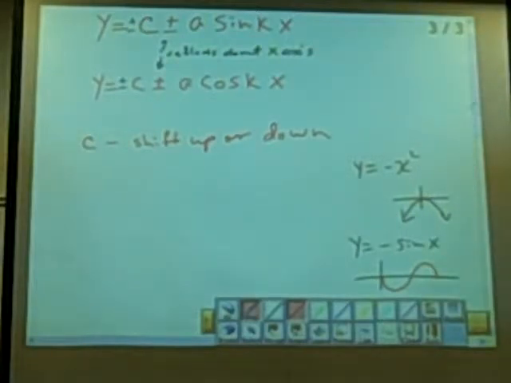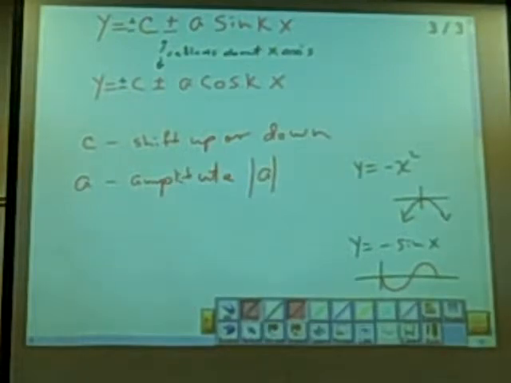Okay, now A, what does that do? Amplitude. That's the amplitude, right. And that's always an absolute value. So you don't look at A as positive or negative.